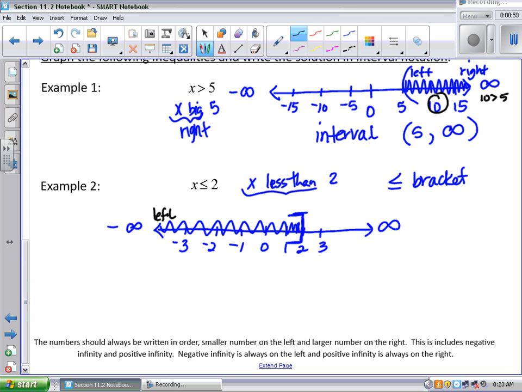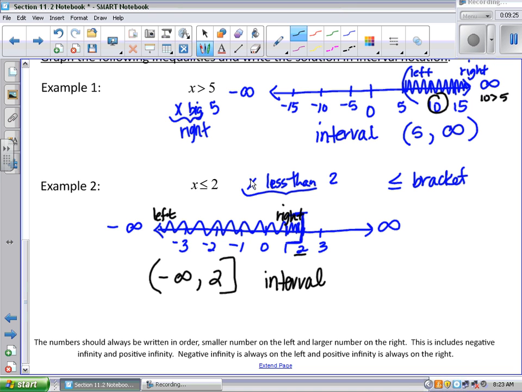My shading goes from left to right. That's how I'm going to write my interval. On the left-hand side, I'm starting at negative infinity, and at negative infinity, we always use a parenthesis, comma. At the right-hand side, I've got the number 2 with a bracket. And that's how I write the interval.